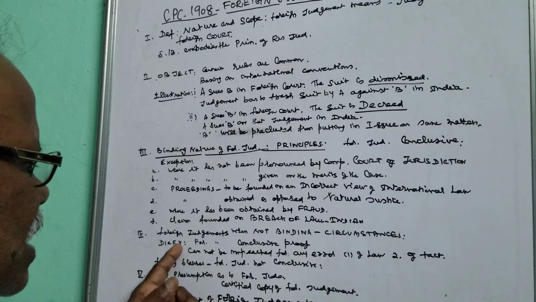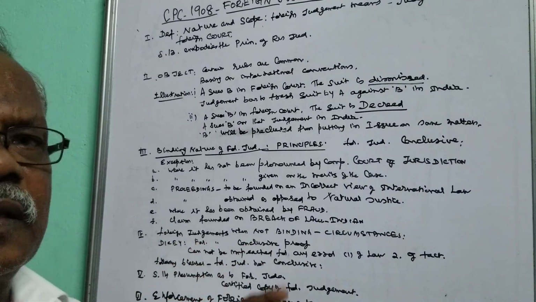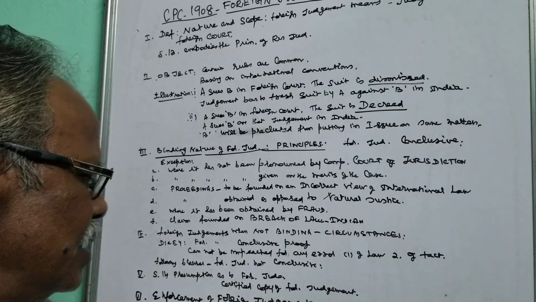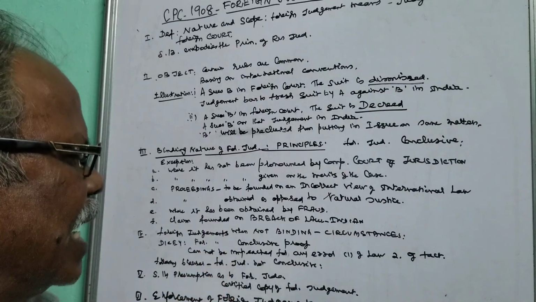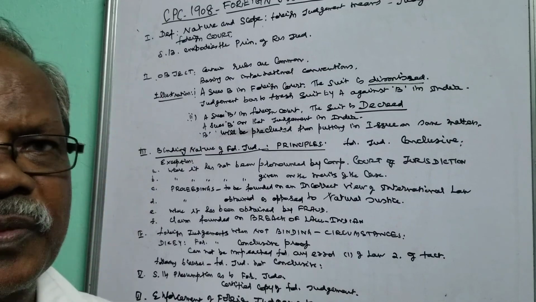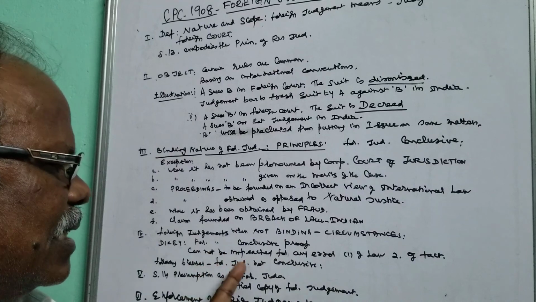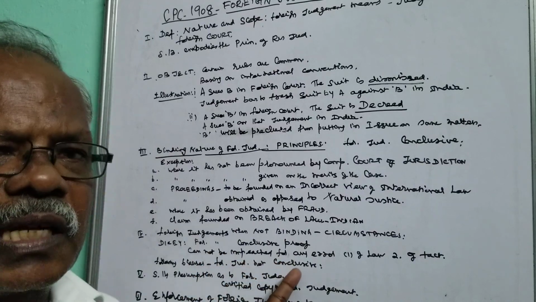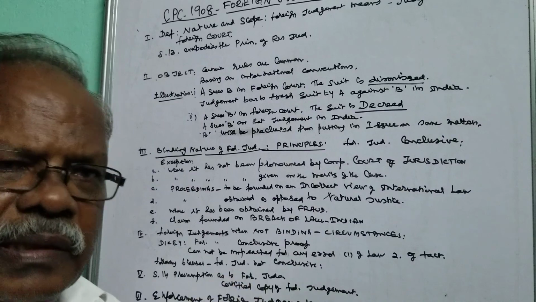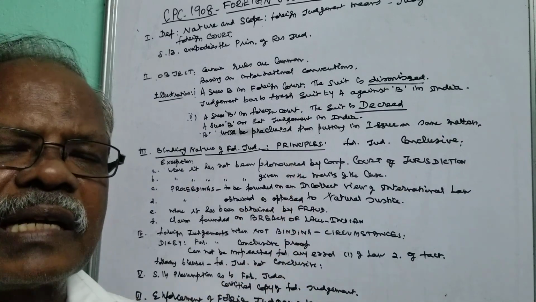According to Dicey, a foreign judgment is always conclusive proof and cannot be impeached for any error of law or fact. The following 6 causes make a judgment not conclusive. So the same 6 points can be noted.